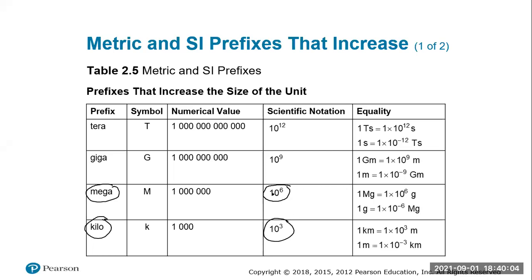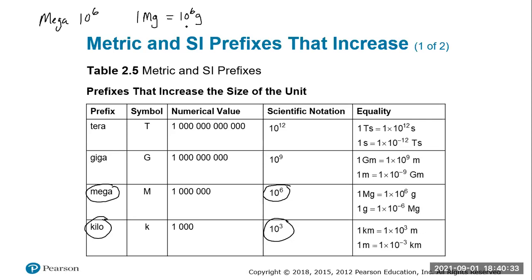By the way, that's scientific notation, which basically means 1 times 10 to the 6 or 1 times 10 to the 3. But what that means is how much there is in the base unit to one of the prefix units. So if we took mega, for example, on the table there's 10 to the 6, which means if I had 1 megagram, that would be 10 to the 6 grams.